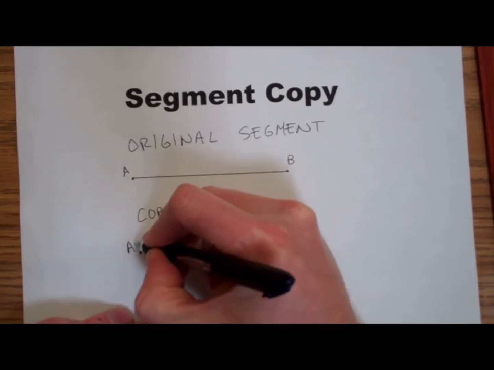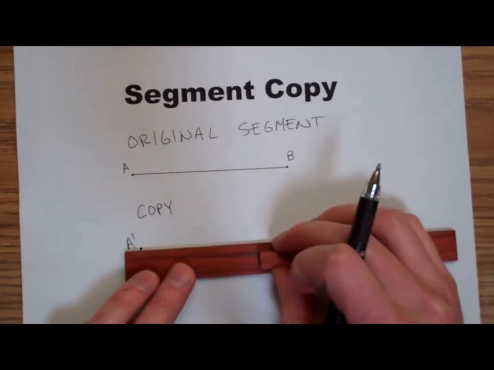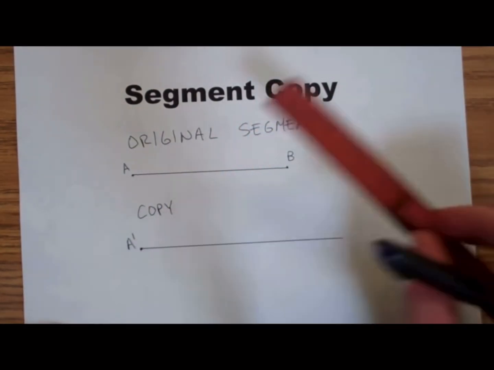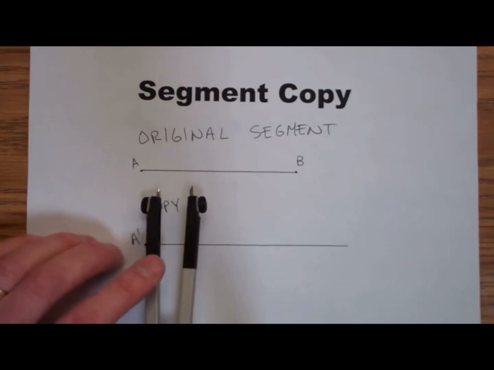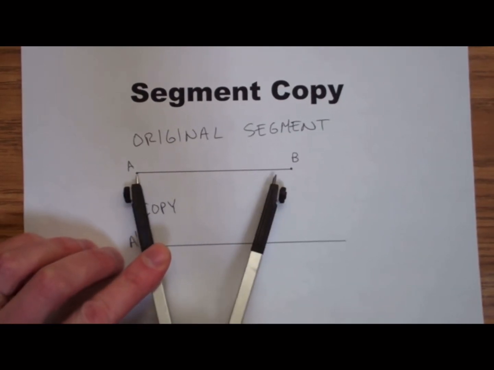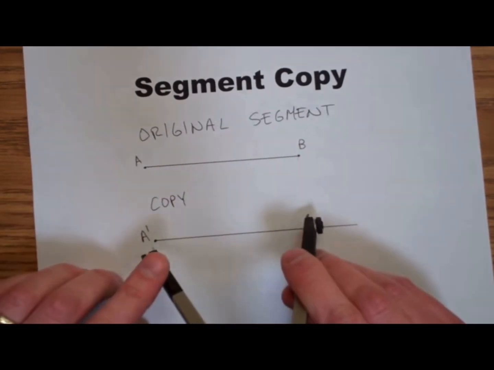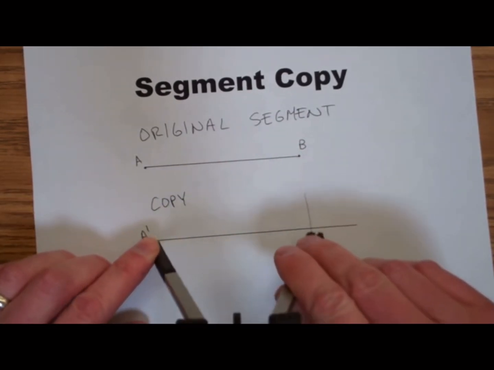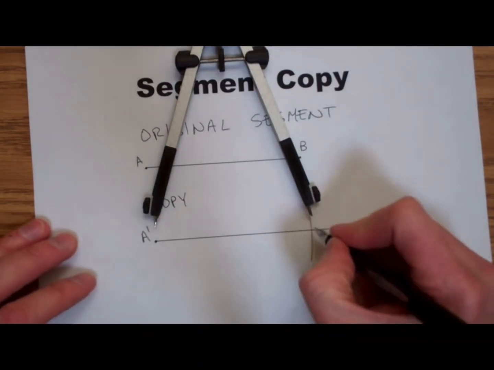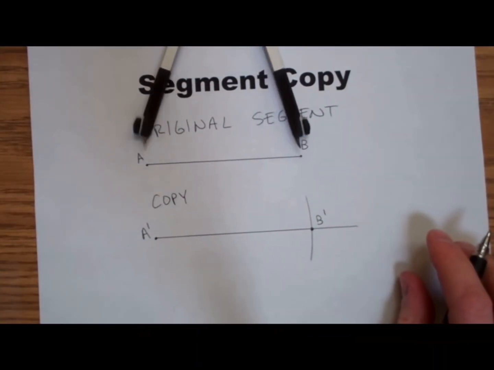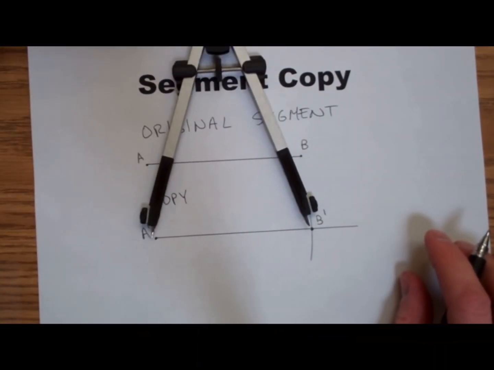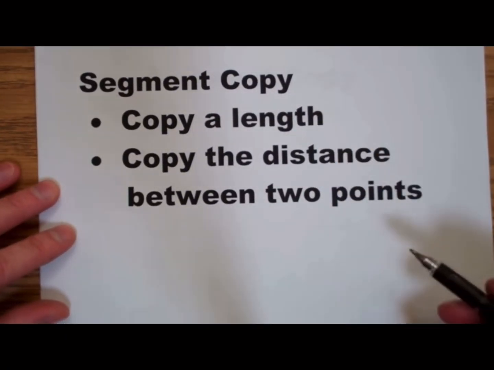I want to copy this, so creating a point A prime and a guideline for me to work on that has to be a little bit longer than the line I drew originally. I'm now going to open my compass to measure the distance between AB and copy that distance with a little bit of an arc. That construction mark, that arc, is something we want to see when making a construction. You do not erase this mark.